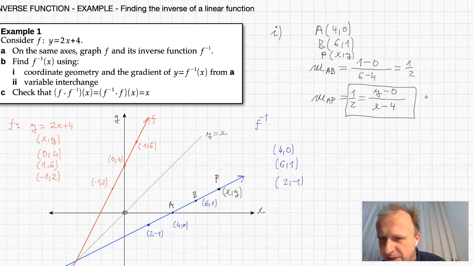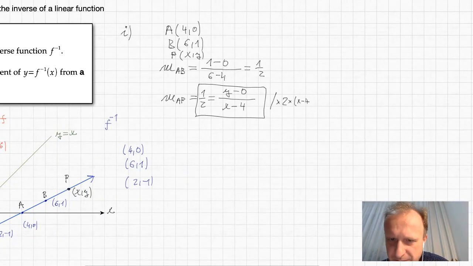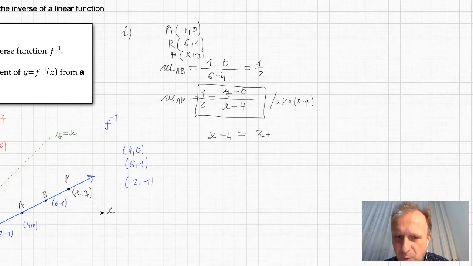So let me make some transformations. So first multiply by 2 and also times x minus 4. Okay, sorry for that, let me move it a little bit. So what I obtain is this, x minus 4 equals 2 times y.